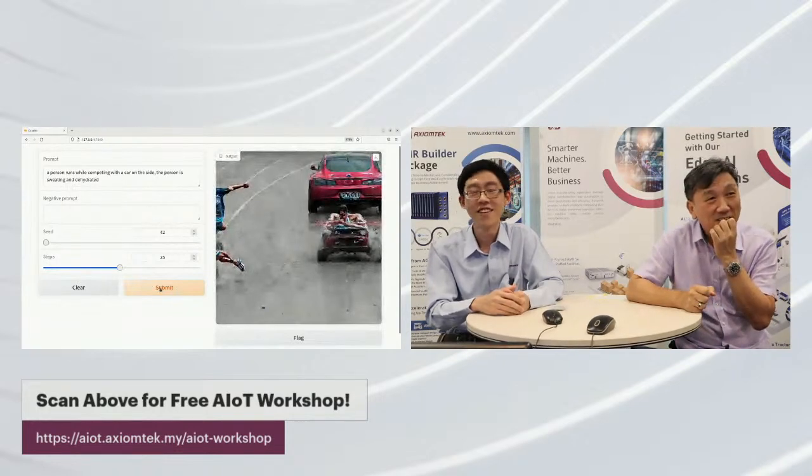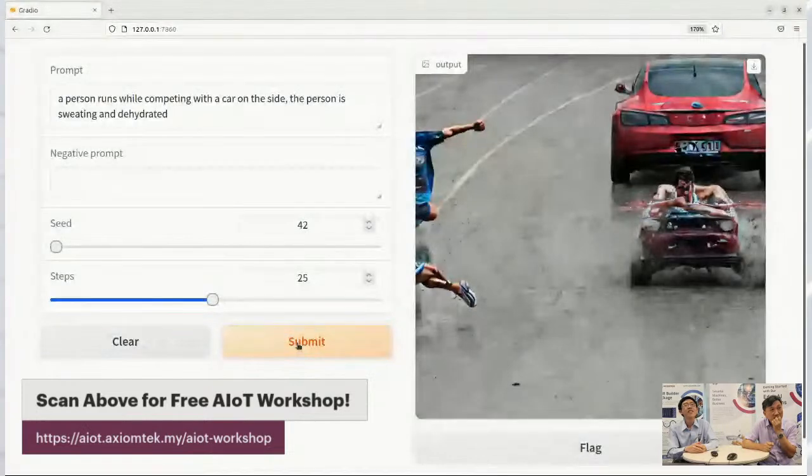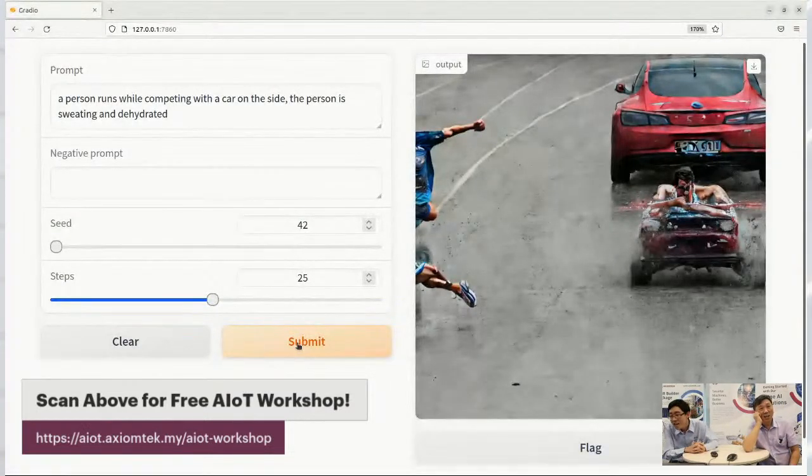Let's see. Wow, what is this? He is sitting on the car. It's a car, but the person seems like pushing a small car, a toy car.